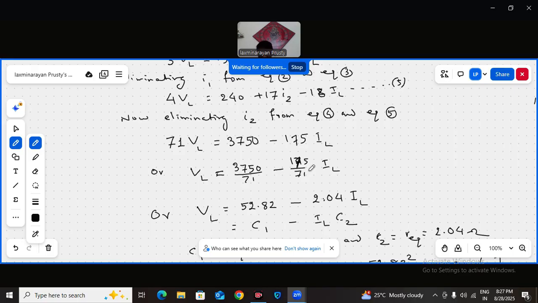Let me do a small calculation first: 175 divided by 71. How much? 2.46. So this is C2, which is 2.46.